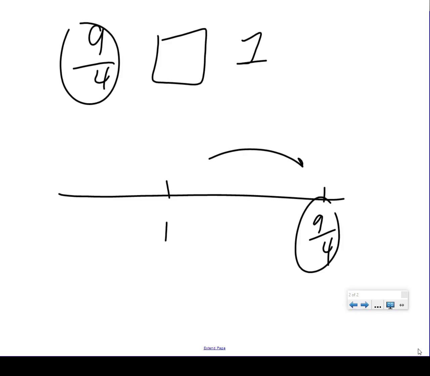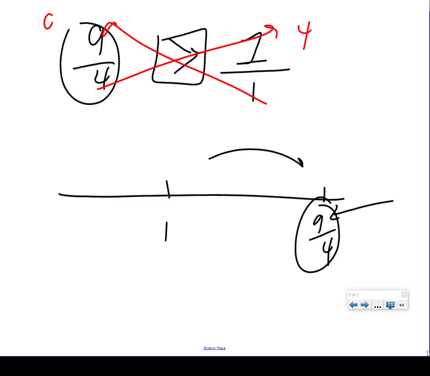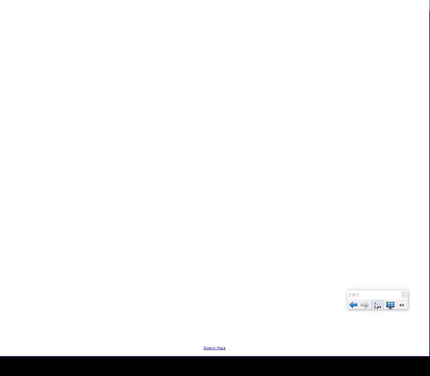How did I know that it was on this side of the 1? Because the top number is bigger, which means it's bigger than 1 whole. So the mouth goes that way. The other way to do this is to know that this is 1/1 as a fraction. And so 4 times 1 is 4, and 1 times 9 is 9, so I know that this side is bigger because 9 is bigger than 4. Okay? All right, we're going to move into PEMDAS.